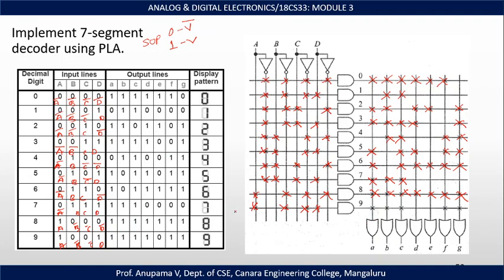Hence, I draw X mark against all other entries except F. So this is how we implement the 7-segment decoder using PLA. In this session we have implemented a few Boolean equations using ROM, that is PROM, programmable read-only memory, PAL and PLA.